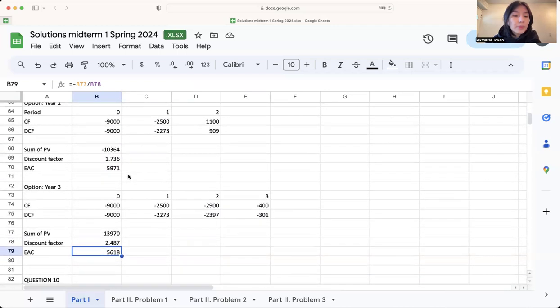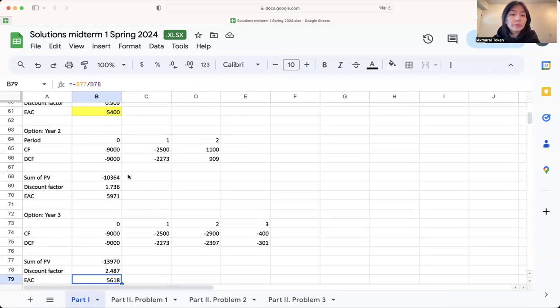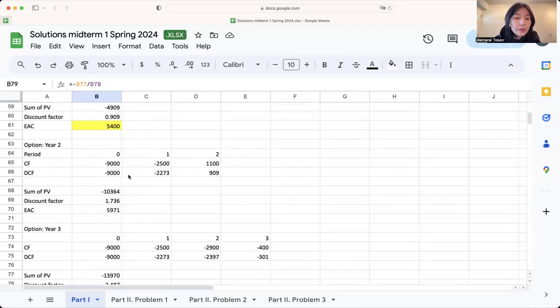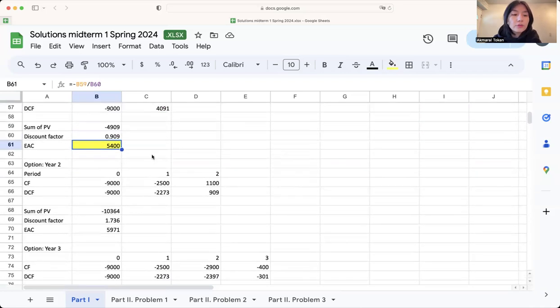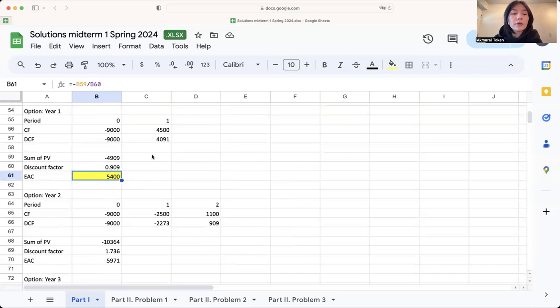So in this case, to find the optimum replacement period or optimum replacement cycle, you find the equivalent annual cost which has the smallest value. So in this case, the value of 5,400 is the smallest one, which means that the optimal replacement cycle is after the first year.